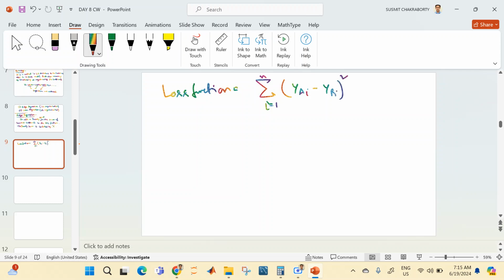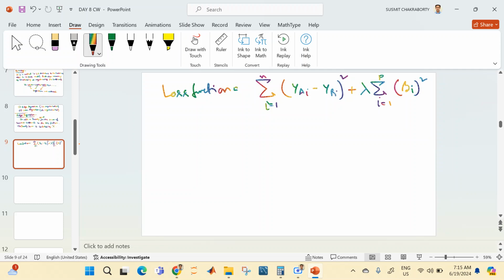So this is basically the SSE, sum of squared error. This is the loss function we have already used multiple times. And we add one penalty term to it, a function of beta squared.